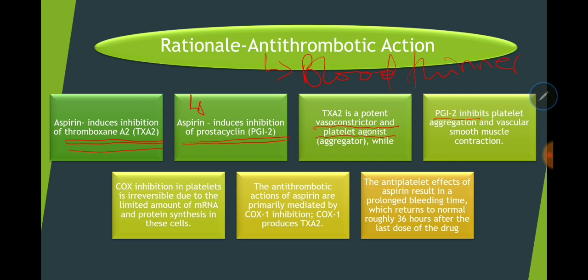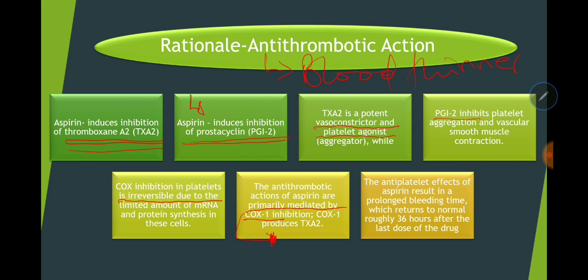So the COX enzyme, inhibition of the platelet is irreversible, as we mentioned, due to the limited amount of mRNA and protein synthesis in these cells, in the platelets. And the antithrombotic action of aspirin is primarily mediated by the COX enzyme.